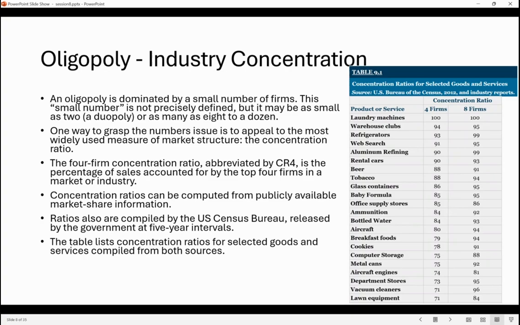So if you're going to compare across different industries, we need to come up with a unified index that could be used across different industries to determine the type of the market structure.